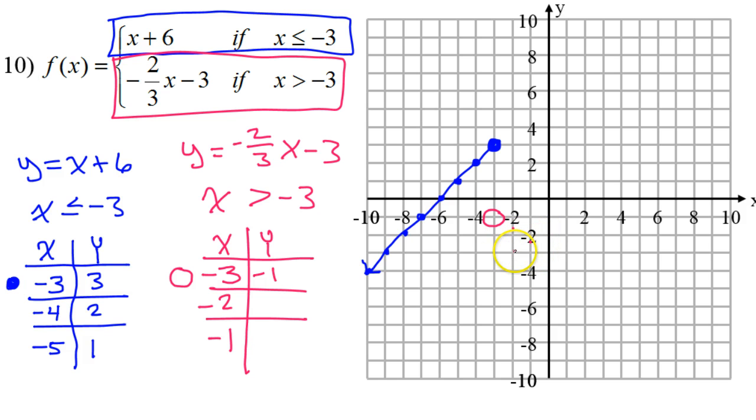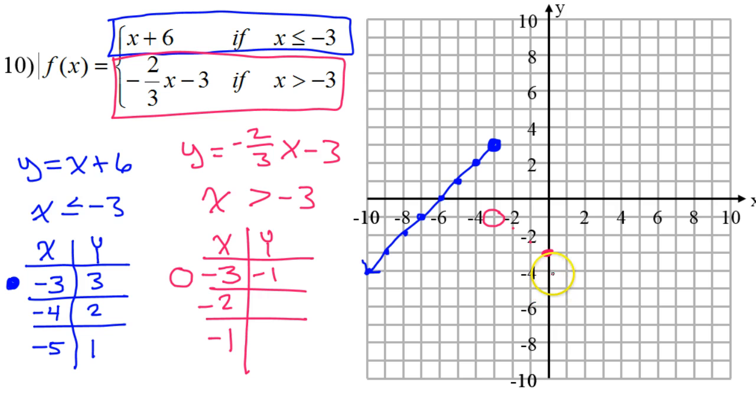But look, here's what I want to do instead. Let's use what we know about graphing lines. See the slope, negative 2 over 3? That means down 2, right 3. So let's just do that. Starting from here, if I go down 2, right 3, I'll be here.